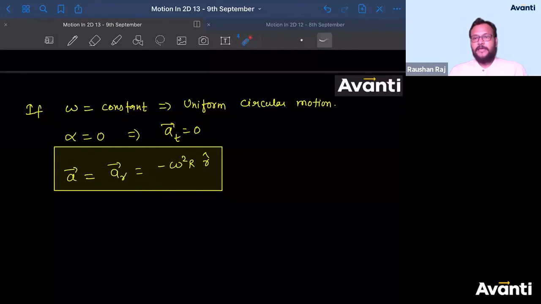Critical points means where you know for sure what is going on. Like at maximum velocity, at zero velocity, at maximum displacement, at zero acceleration. So always look at the critical points and try to verify with the options. If you do that, most of the options will get eliminated. One or two will be left out.